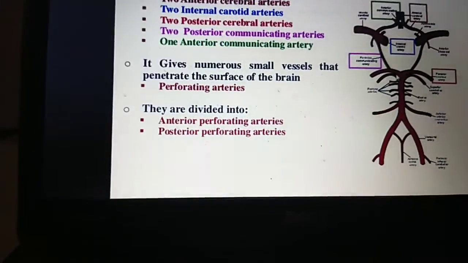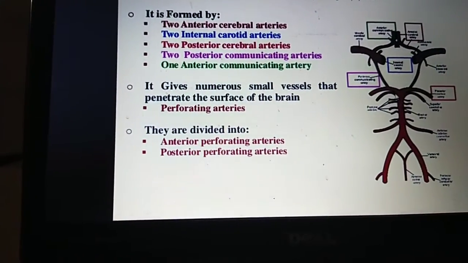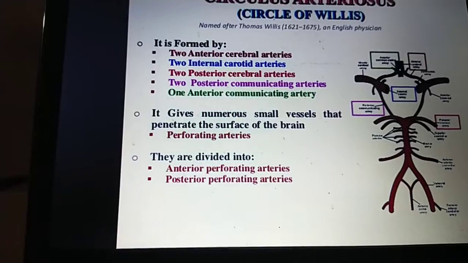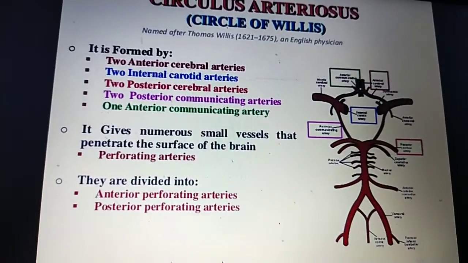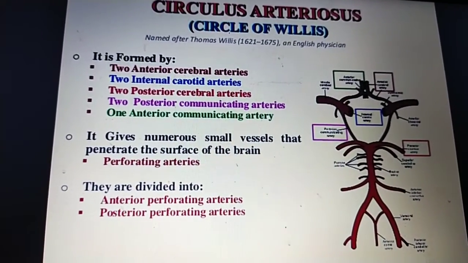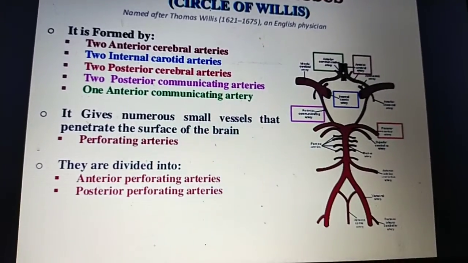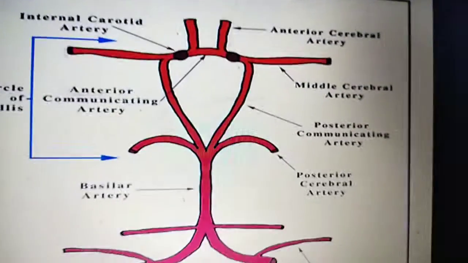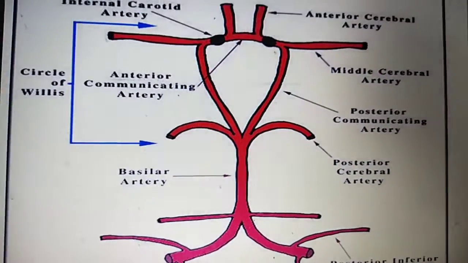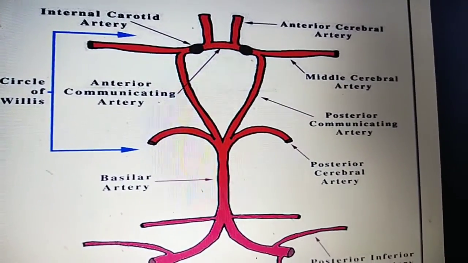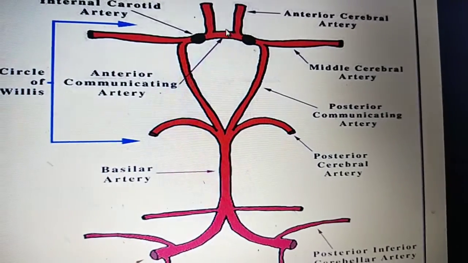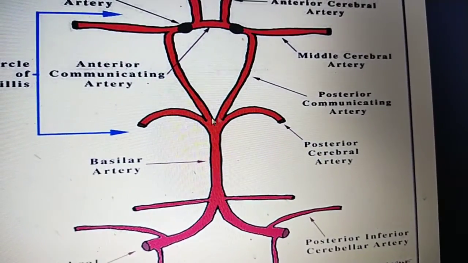It gives numerous small vessels that braid the surface of the brain and form arteries. They are divided into anterior perforating arteries and posterior perforating arteries. In this you can easily see how the circle of Willis is formed. From here to here is the circle of Willis.